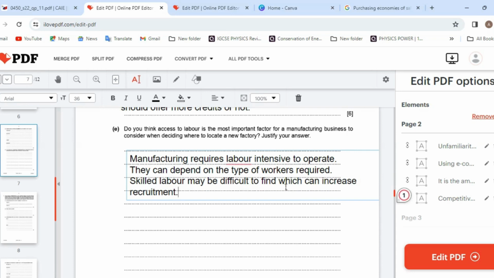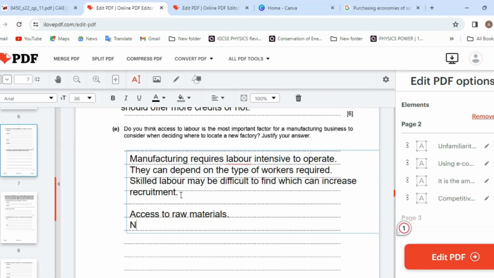Okay, what other factors do you think, apart from access to labor, to consider when locating a new factory? Of course, access to raw materials is also there, so their production will not be delayed.